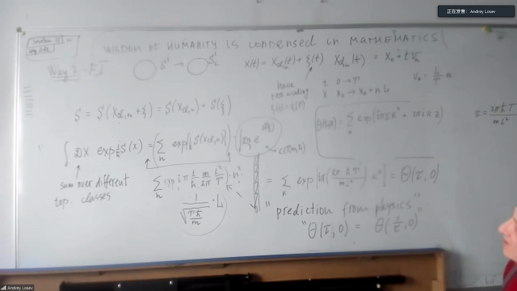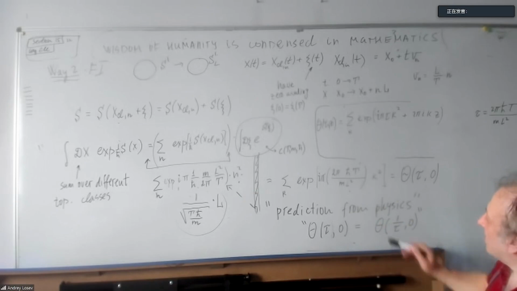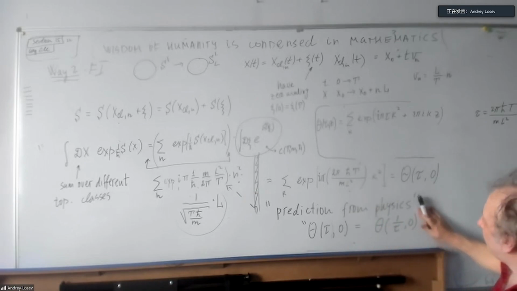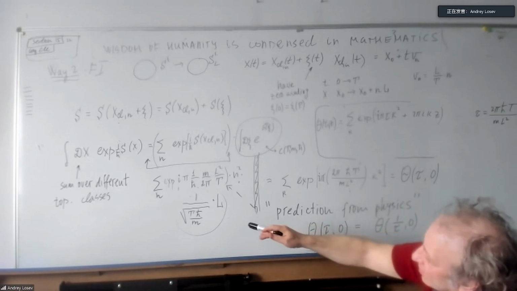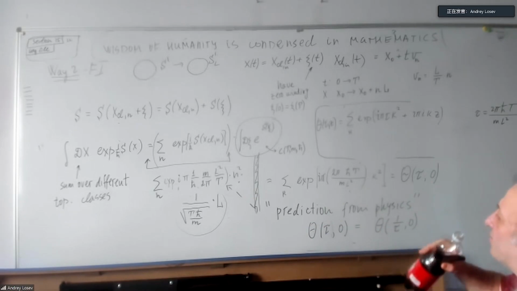So then here we have a prediction of something like this. And also there is a prefactor where we were not quite accurate with pi's, but we hope that with pi's the thing would go properly.